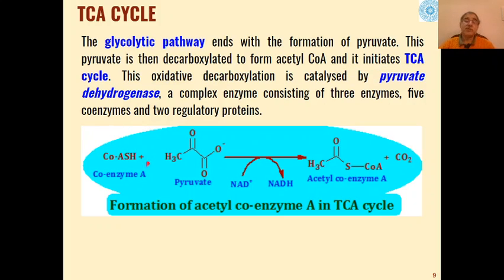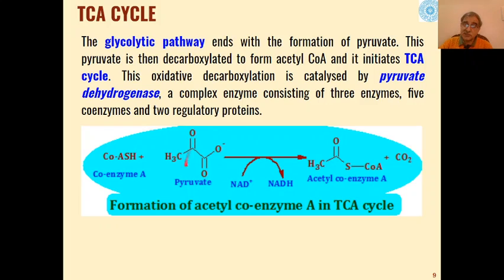So you can see over here that coenzyme A reacts with pyruvate in the presence of NAD plus as another reactant, which is converted into NADH with the transfer of hydrogen.